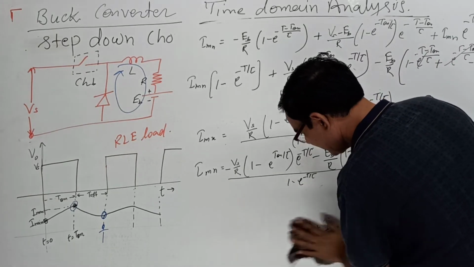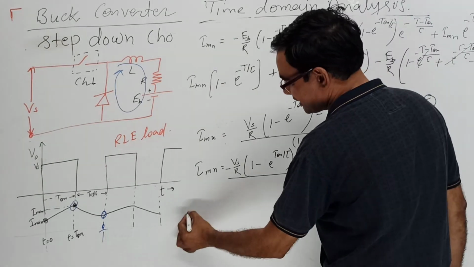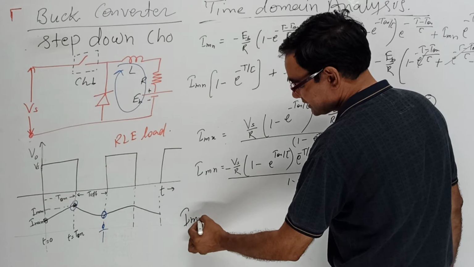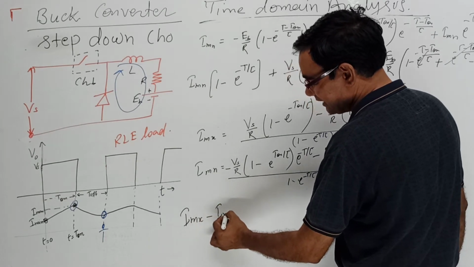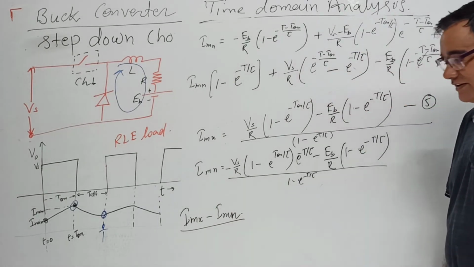Now putting their value, we'll find out the ripple factor, which is nothing but I maximum minus I minimum. That is not the ripple factor.